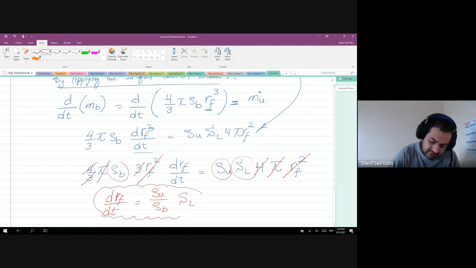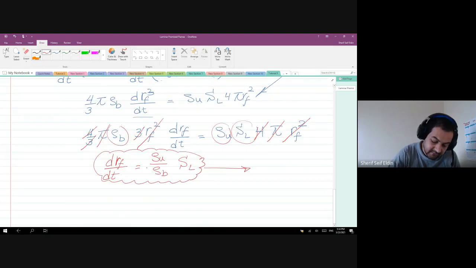The thickness of the flame is a function of the density of the unburned and burned gases, which relates to their temperatures, and the laminar flame speed, which is a function of the boundary conditions and the fuel type, right?